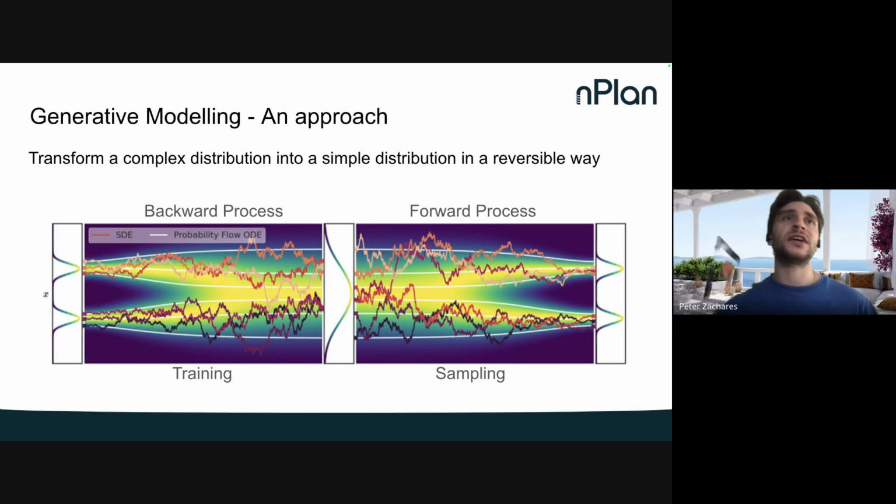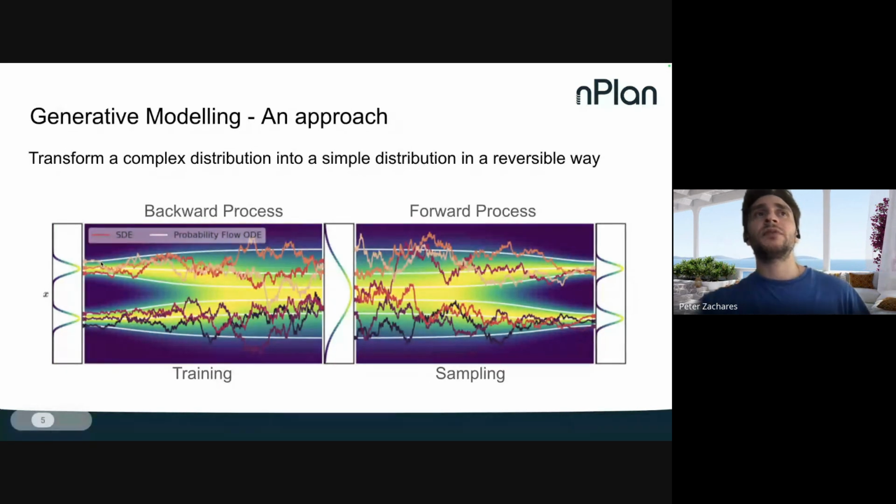On the left we have our distribution of interest, which looks like a Gaussian with 2 modes. Then through some transformation process, we transform it into a single, simple Gaussian distribution.